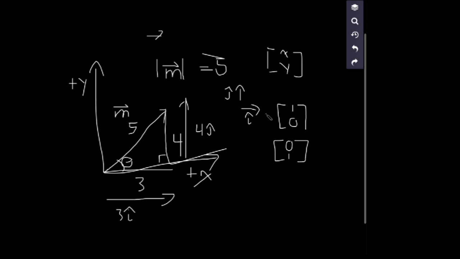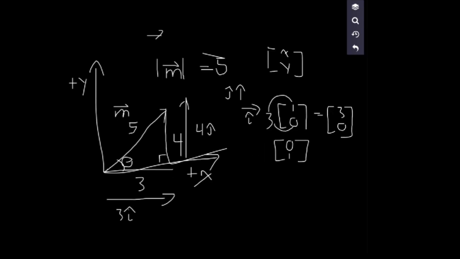We are pretty much multiplying both the x and y component, so we are going like here, multiply 3 by 1 and 3 by 0, which becomes 0, but this time this becomes the vector 3, 0, and over here this should be 4. 4, you distribute it into the 0 and the 1, this becomes 0, 4.